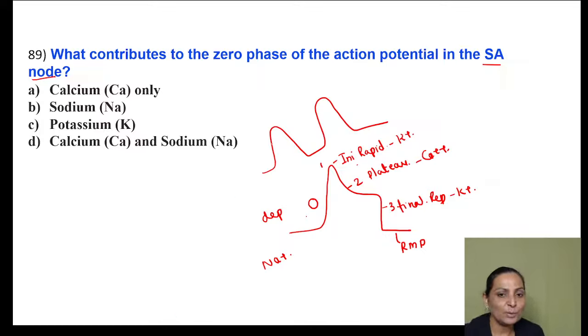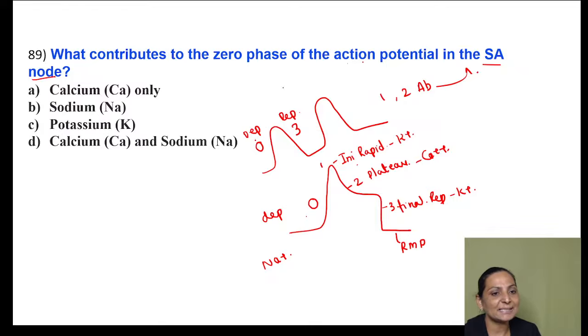In the SA node potential, you get only 0 and 3 phase. That means you get only depolarization and repolarization. That means 1 and 2 are absent in the SA node. Very, very interestingly, depolarization in the SA node is not because of sodium.